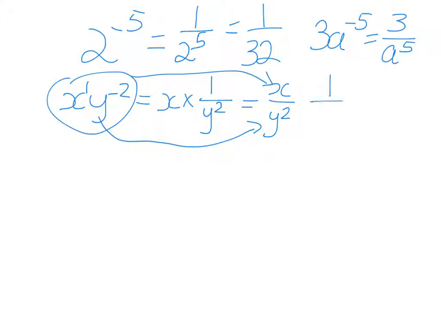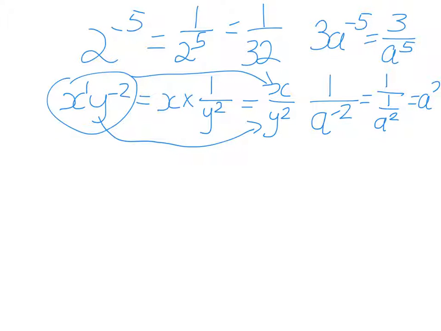If you had something like where the negative power was already on the bottom, like 1 over a to the power of negative 2, then that just goes on the top with a positive power. So this would be 1 over, now a to the negative 2 is 1 on a squared, so 1 divided by 1 on a squared is a to the power of 2. So basically, negative power, if it's on the bottom, move it to the top. If it's on the top, move it to the bottom. And we always write it with a positive power.